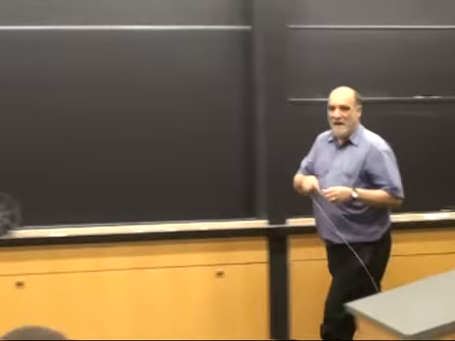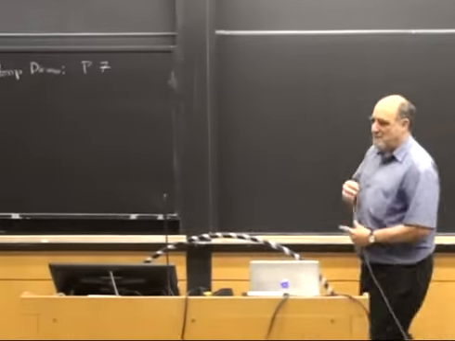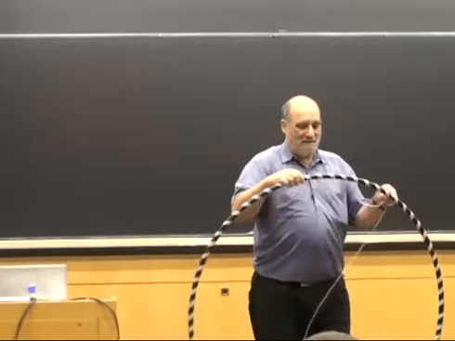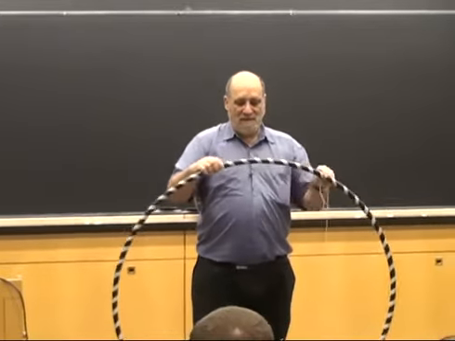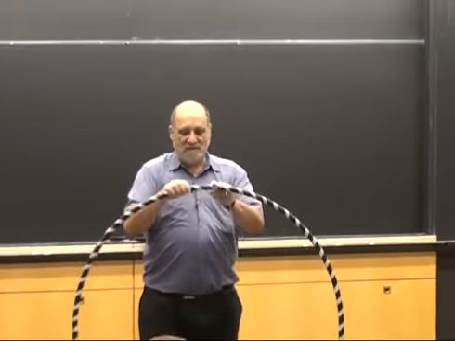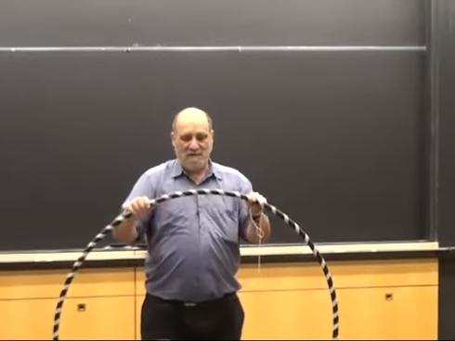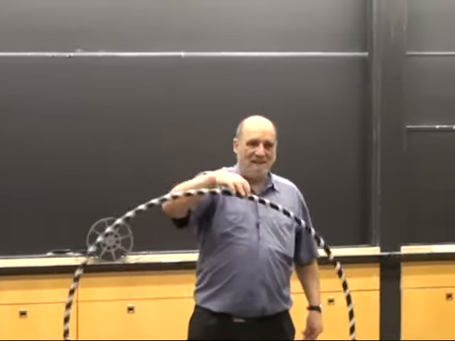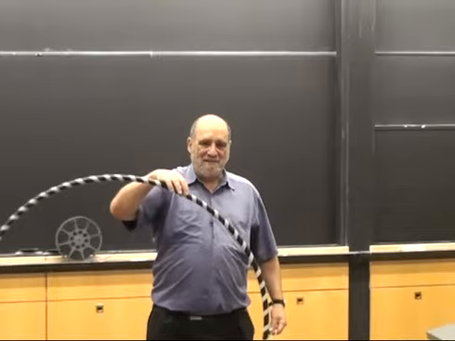Okay, you had on the prelim this question about calculating the period of oscillation of a round hoop. So the idea is that the hoop was swinging around. Somewhere there's a joint in this hoop which is heavier than the rest of the hoop, and I want to find that joint. Here it is. Okay, the hoop was swinging like this, and you're supposed to calculate its frequency of oscillation.